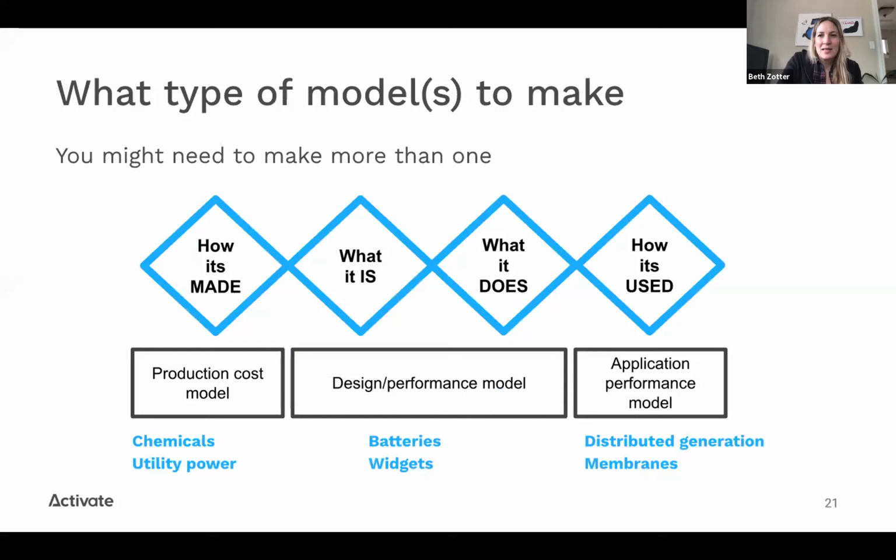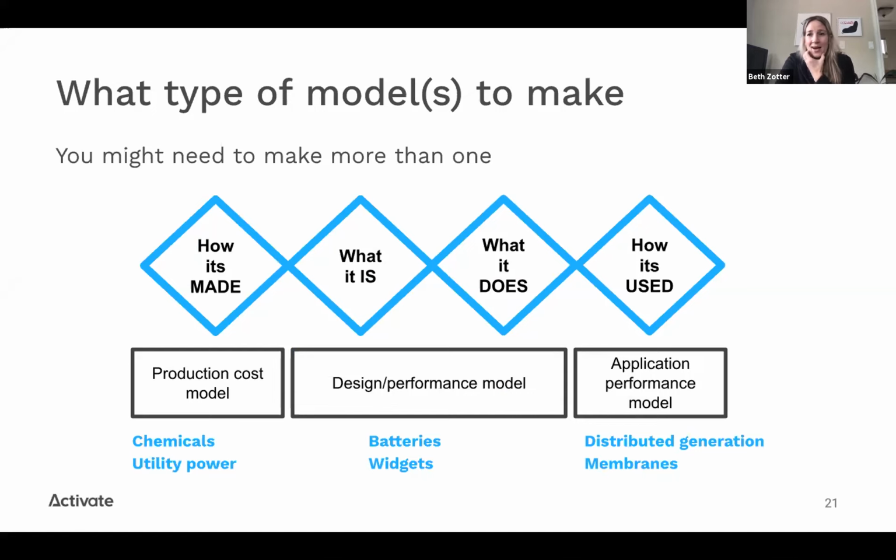All right. This is what I laid out as a modeling spectrum of the types of models that you might make depending on what your technology and product is. And you might need to make more than one. So for example, for what we're doing, we just really need a production cost model, because we need to know the cost of what we're making.